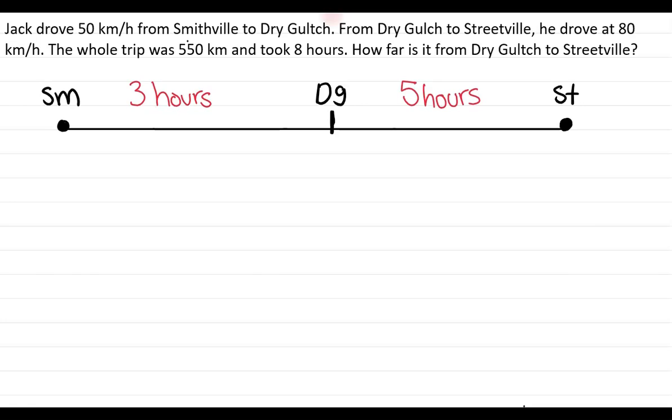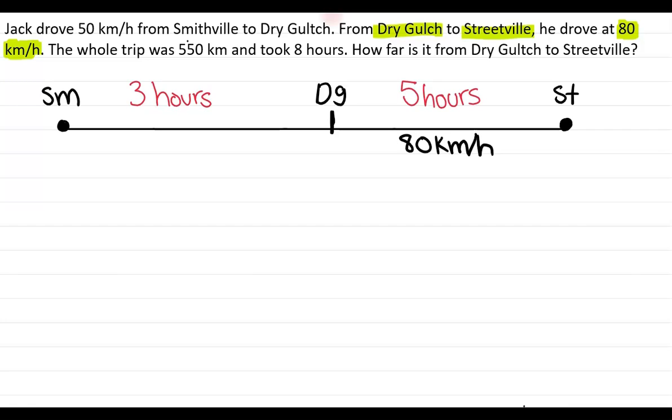We're given that from Dry Gulch to Streetville he drove at 80 kilometers per hour, so we can write that over here.